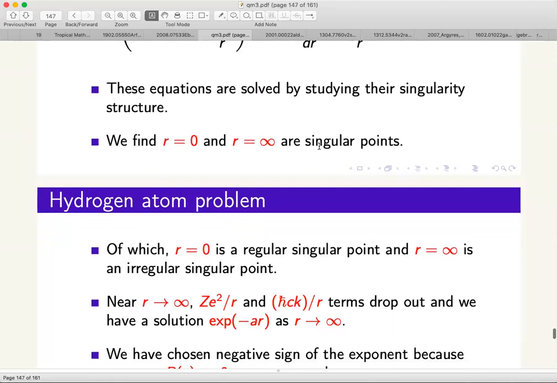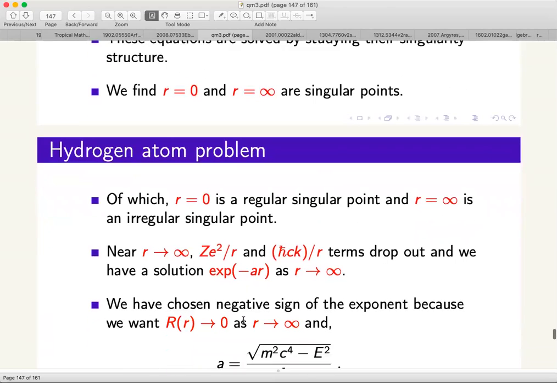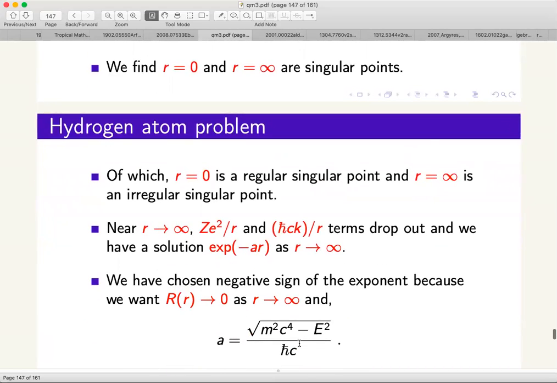So in this particular case, what we find is that as r goes to infinity, our solution has two forms. It could be either e to the plus ar or e to the minus ar, where a is this quantity.